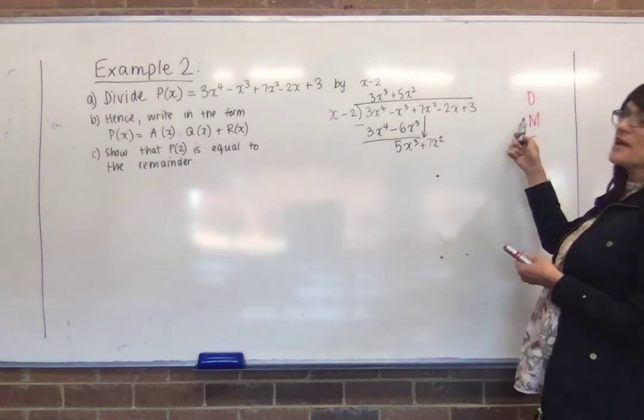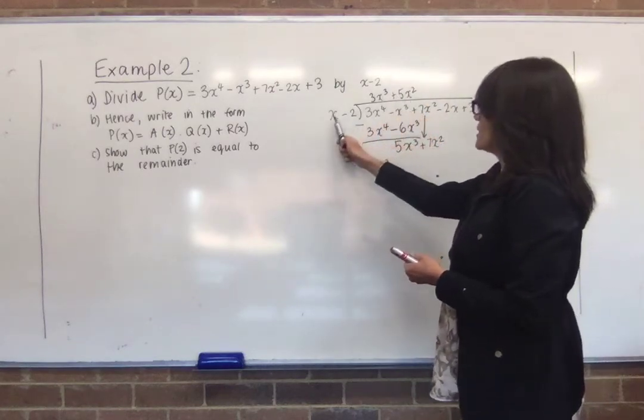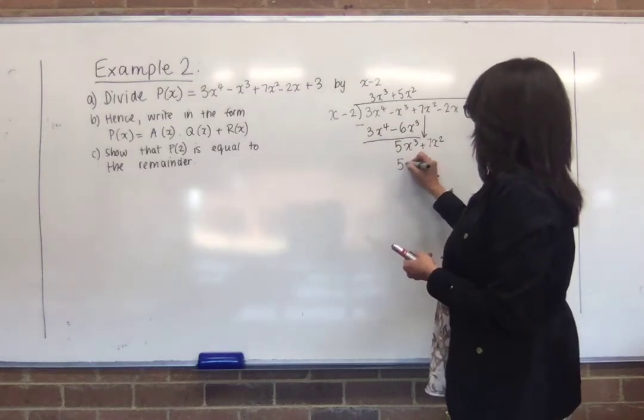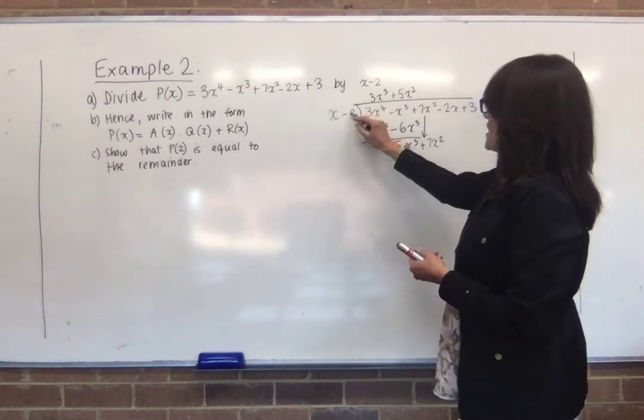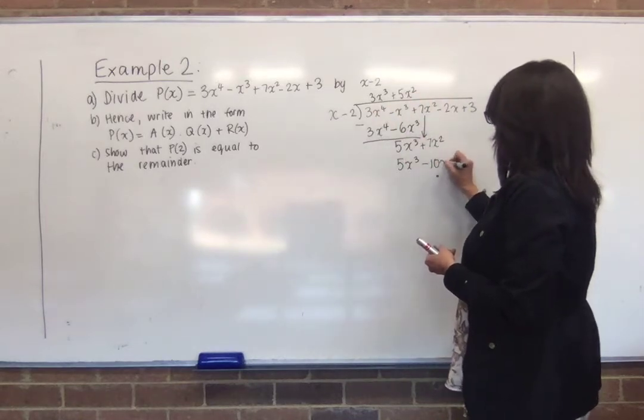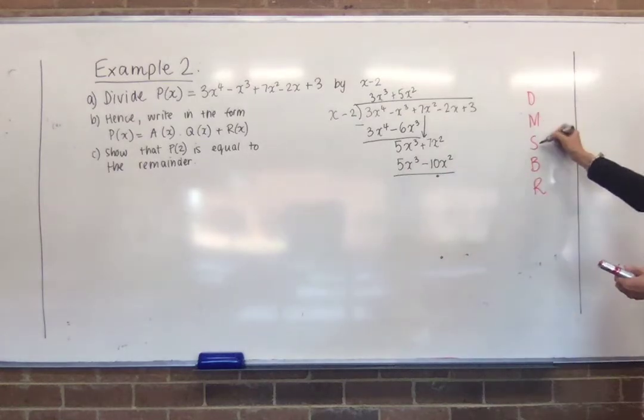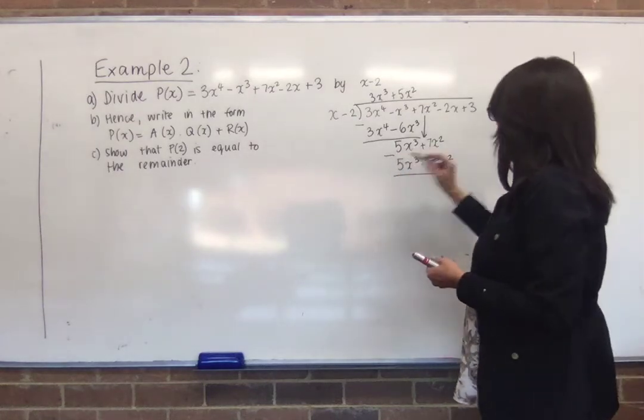Now multiply 5x squared times x minus 2, and that becomes 5x cubed minus 10x squared.